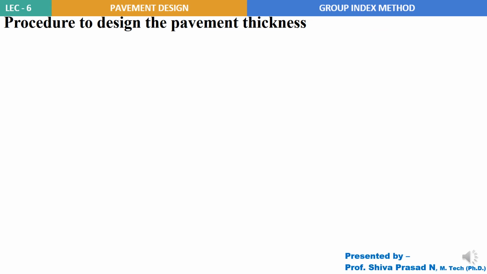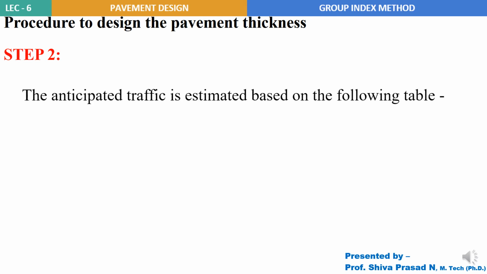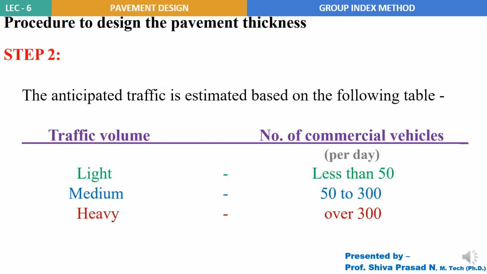Continuing with step 2 of the design procedure, the anticipated traffic is estimated based on the following table. So we have traffic volume and number of commercial vehicles per day in this table. If the number of commercial vehicles per day is less than 50, it is considered as light traffic.